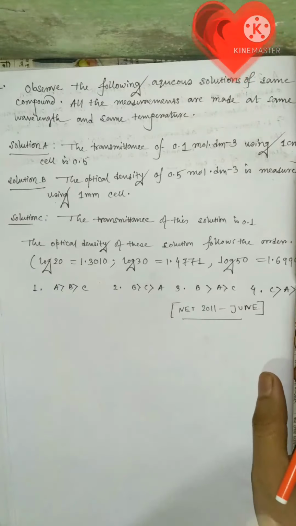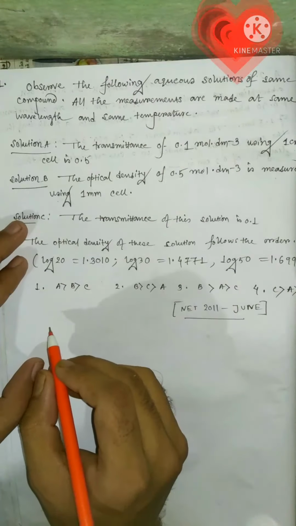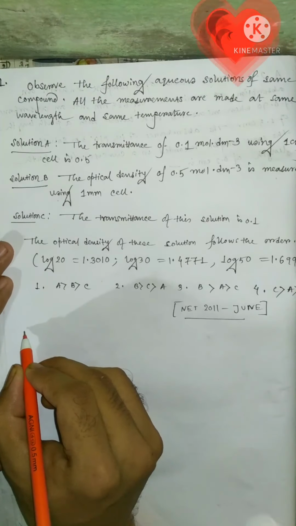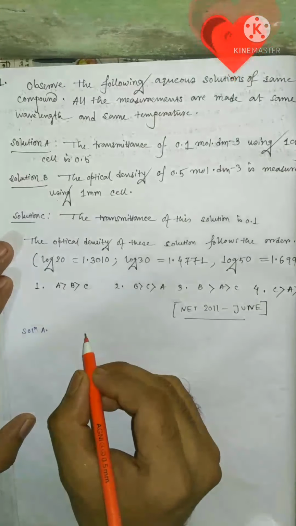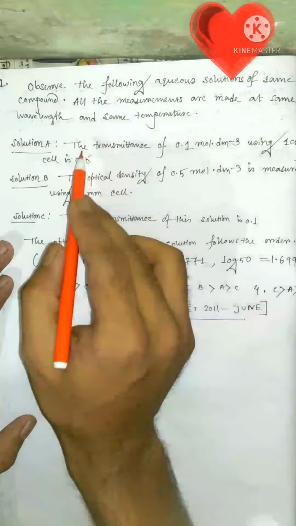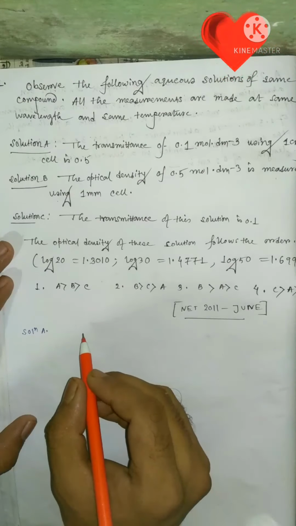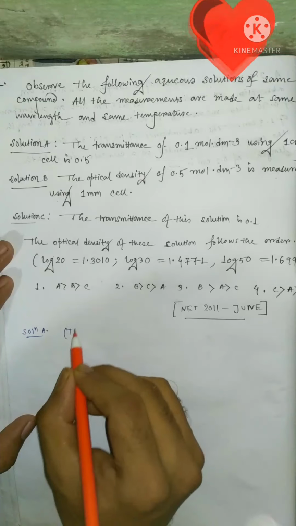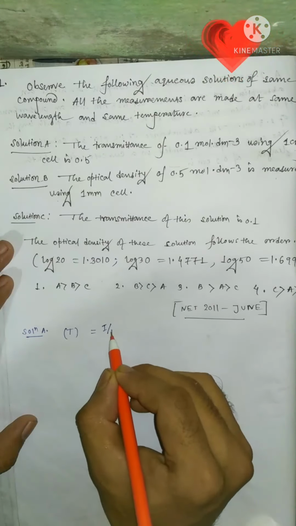So let's start. Solution A, the transmittance. In the previous video, I told you transmittance T equals I by I naught.